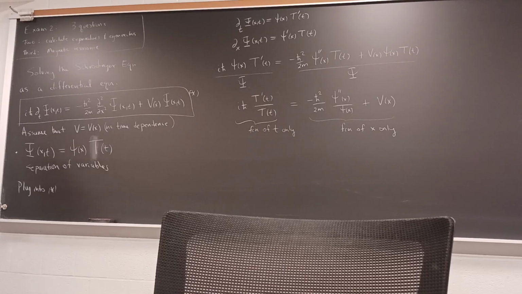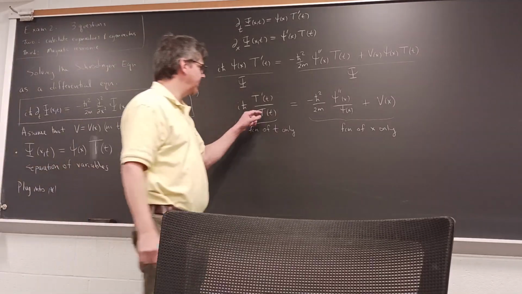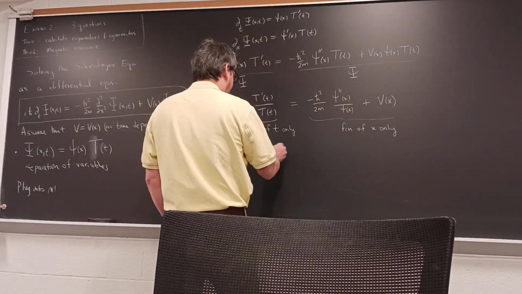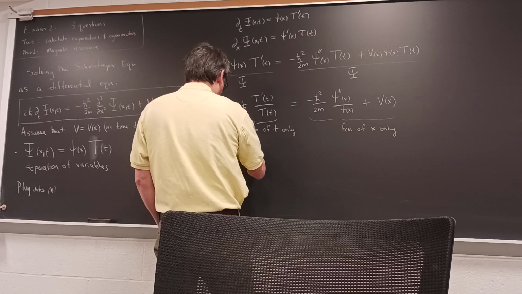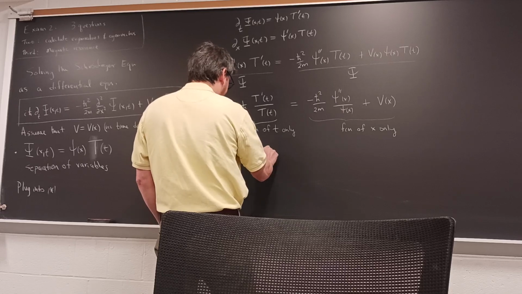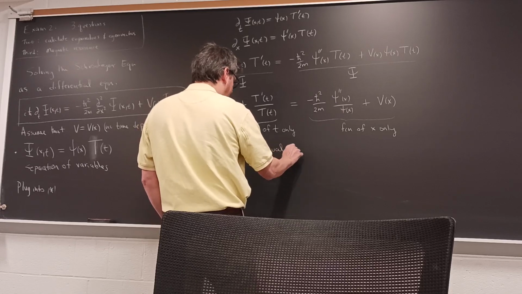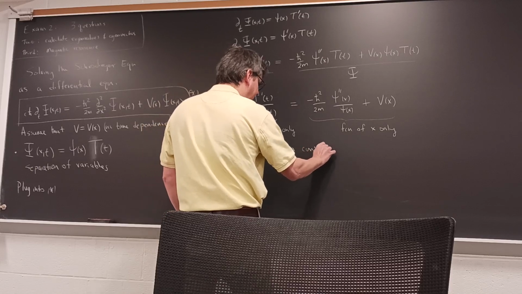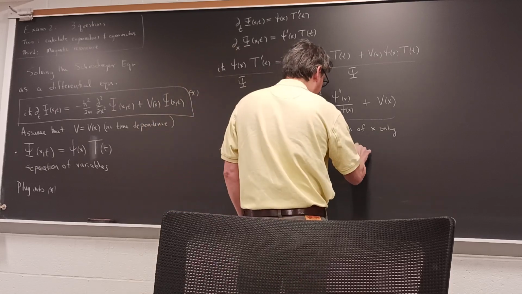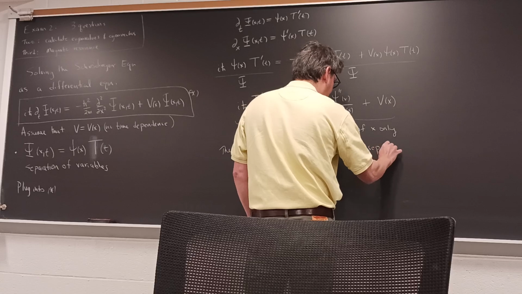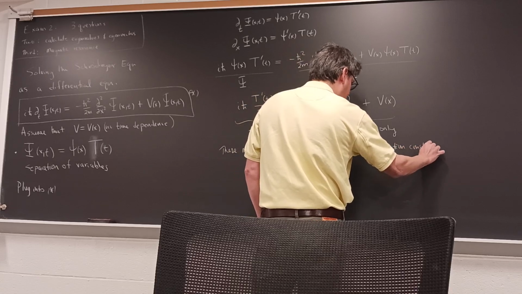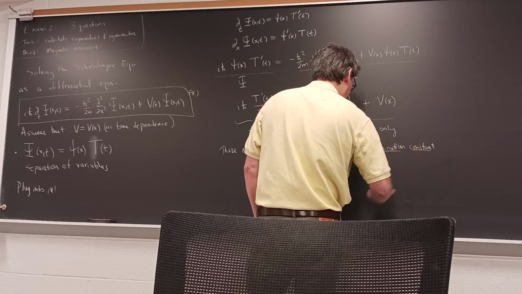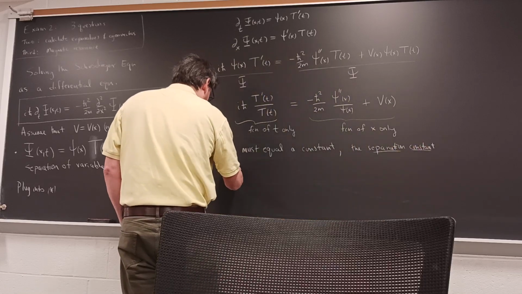I mean, if t is varying and x is varying, and these two sides are equal to each other, they must just be equal to a constant. These must equal a constant, and it's called the separation constant. Call it E.